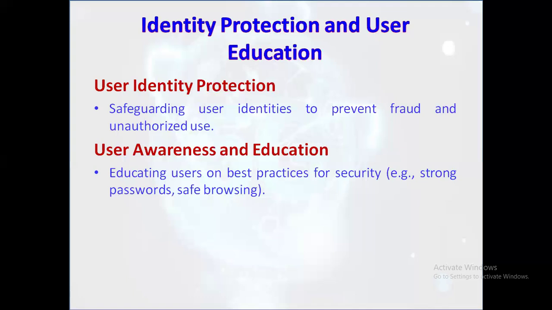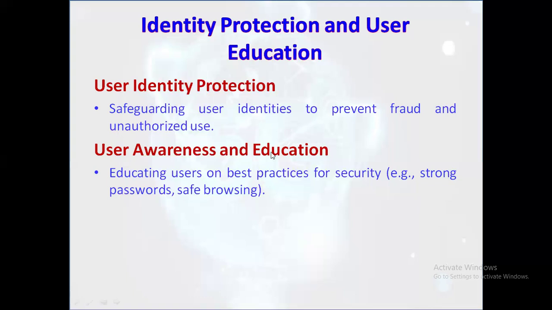To protect user identities, 5G networks use multi-factor authentication, MFA, strong encryption, and other security measures that safeguard against identity theft. These protections ensure that only the legitimate user can access the network service, preventing impersonation or fraudulent activity.